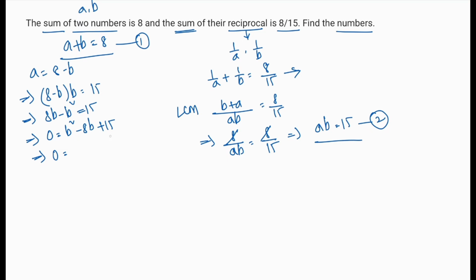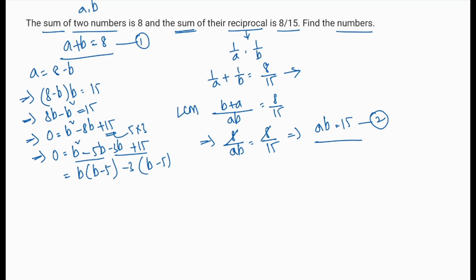So here 15 can be written as 5 into 3, right? So we will split this minus 8b in the form of minus 5b minus 3b, plus 15. Now take b common from these two terms, it is b into b minus 5. It is minus 3 into b minus 5.